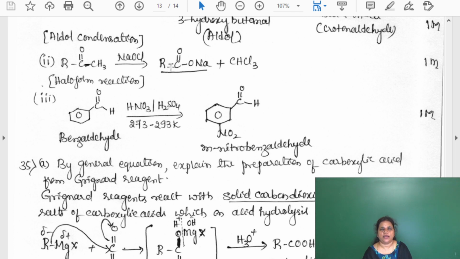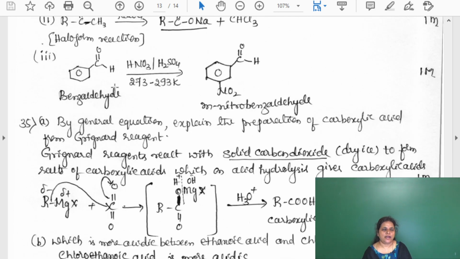Only you need to write the reaction because chloroform is given. By knowing the byproduct, you can write the main product here, RCOONa, sodium salt of carboxylic acid. If you write this, it carries 1 mark. Now move on to the third one. Benzaldehyde is heated with nitric acid and sulfuric acid between the temperature 273 to 293 Kelvin.